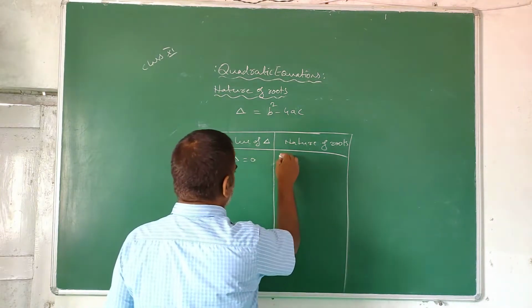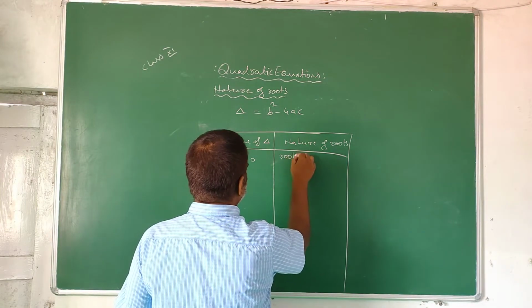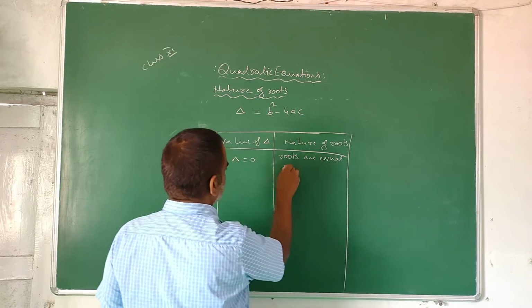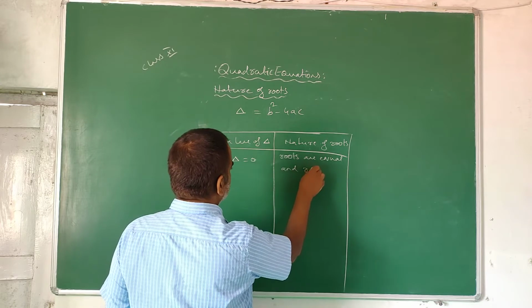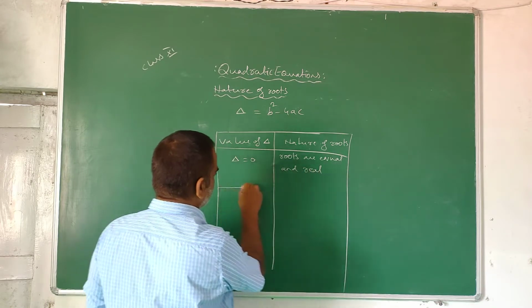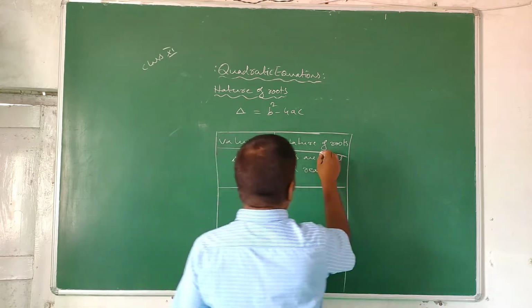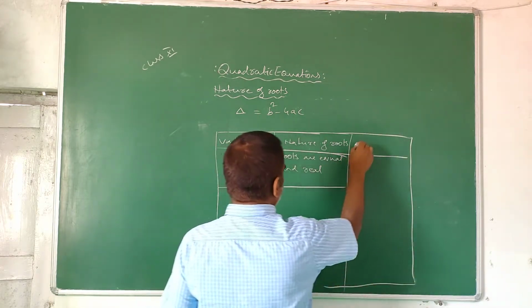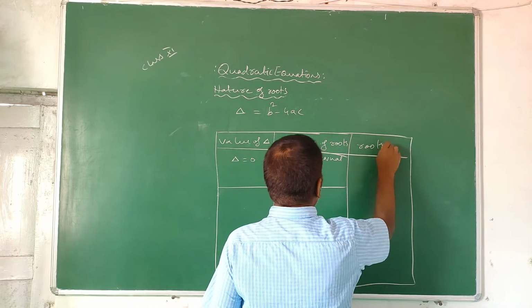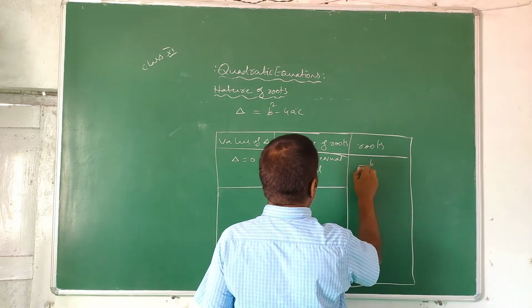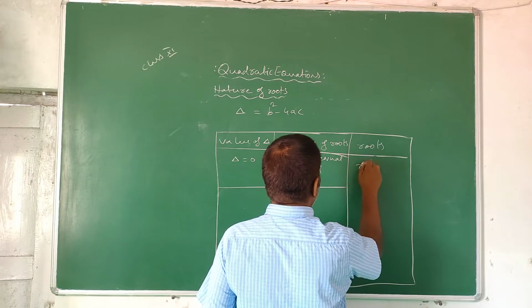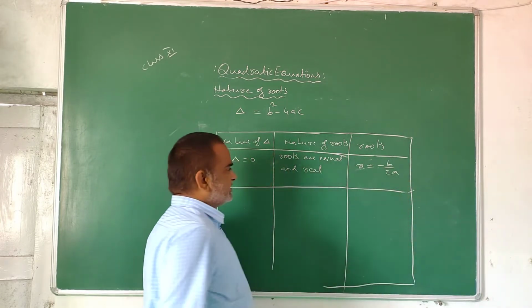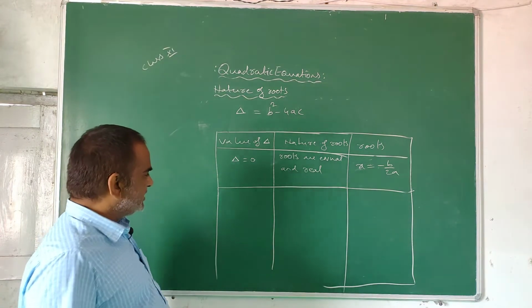Roots are equal and real. Now let us take one more block. Here let us write the roots also. The equal root is x is equal to minus b by 2a.